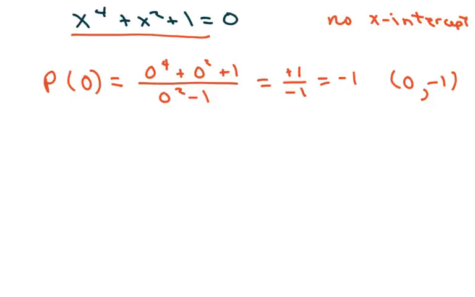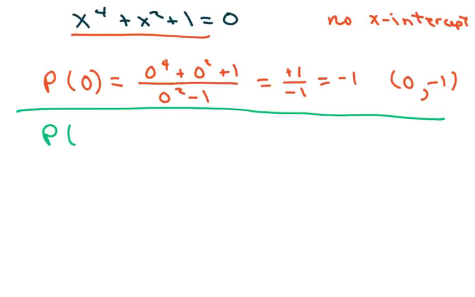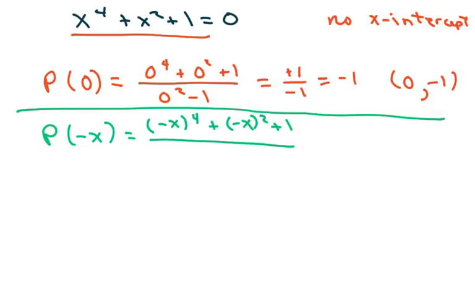And let's test for symmetry. We're going to plug in negative x everywhere. So we're going to have (negative x) to the fourth plus (negative x) squared plus 1 over (negative x) squared minus 1. And this gives us x to the fourth plus x squared plus 1 over x squared minus 1.